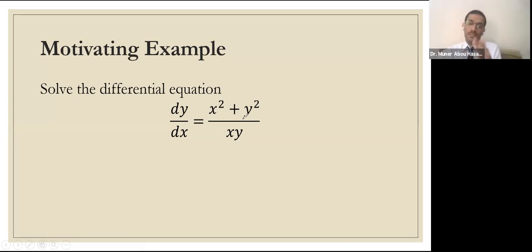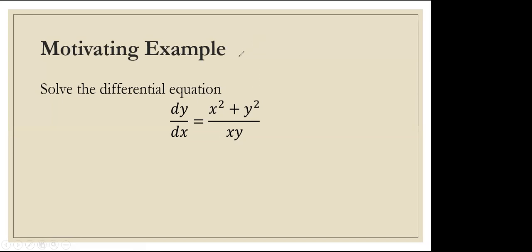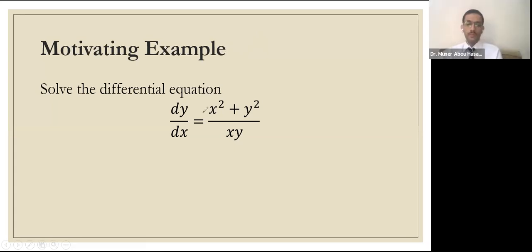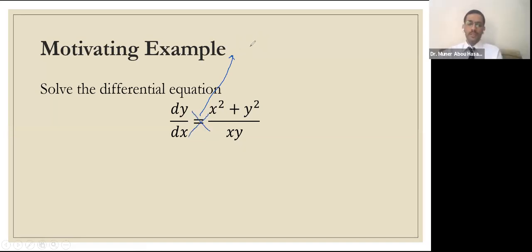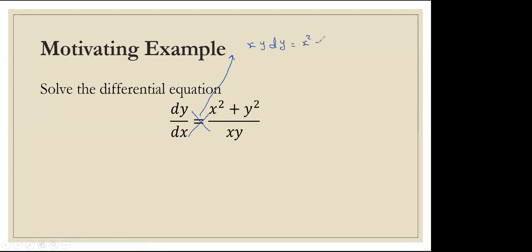Now, let us check if it is exact. What should I do to check if it is exact or not? To check if it's exact, we separate them and we get the M and N. Okay, help me. So it's going to be xy dy, equals x squared plus y squared dx.